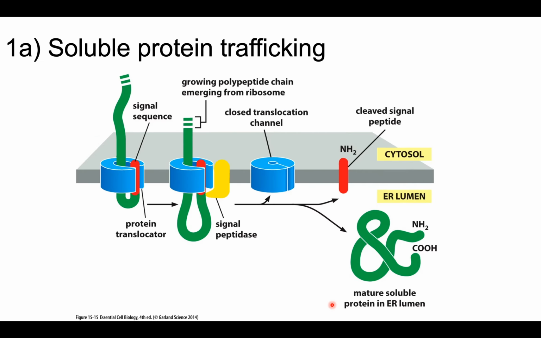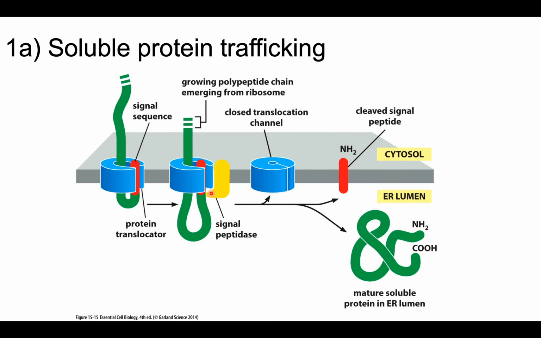So here's that first one we were talking about. So that signal sequence finds our translocator. As we're elongating our polypeptide chain, it's going to continuously come in. At some point, a protein called a signal peptidase will cleave the signal peptide away from the rest of the protein.